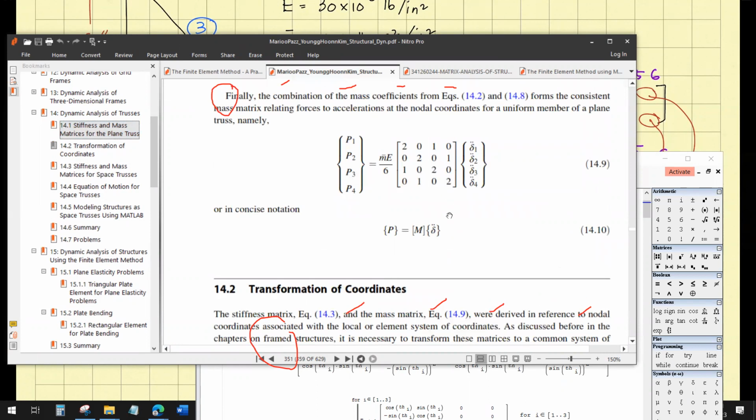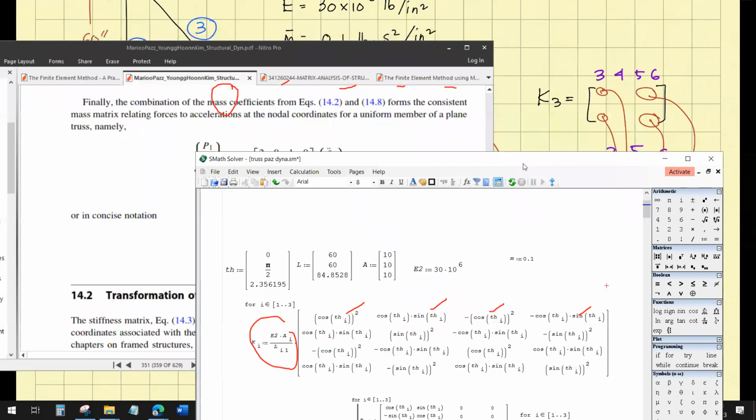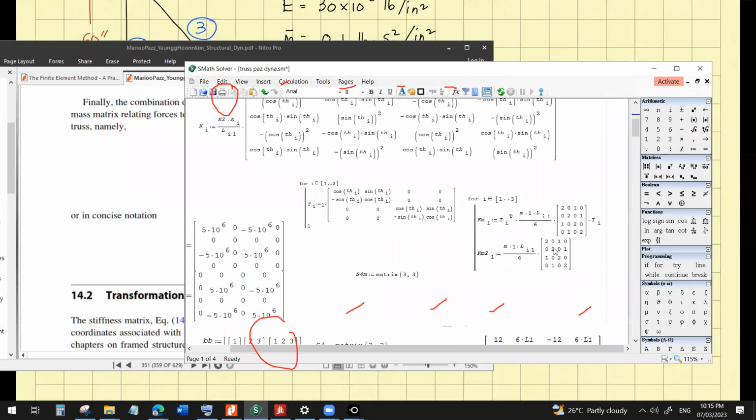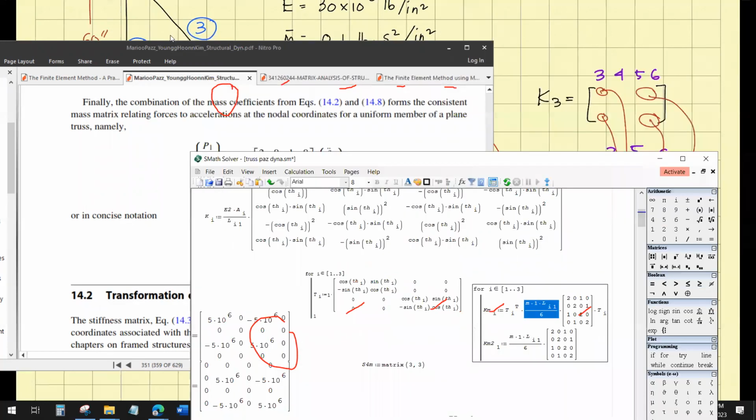So this is the equation for the mass matrix. This is ml over 6. I've encoded it here already.